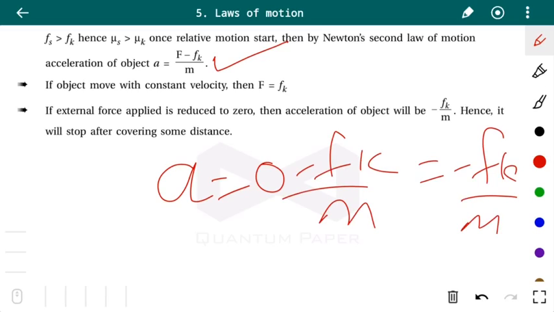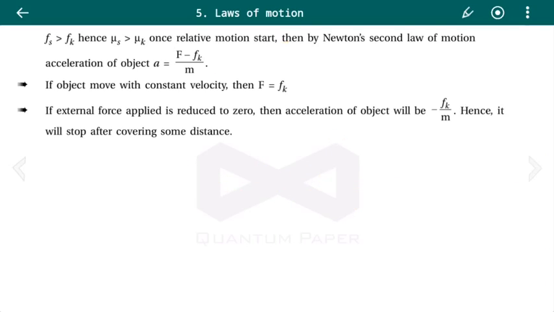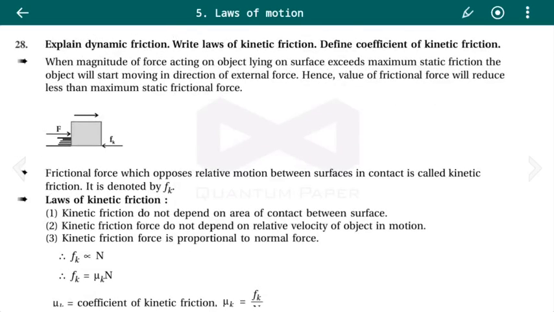So what will happen? If the external force is now reduced to 0, then the object will cover some distance with the acceleration minus Fk by m, but after some time it will stop. So students, you may note down this theory.